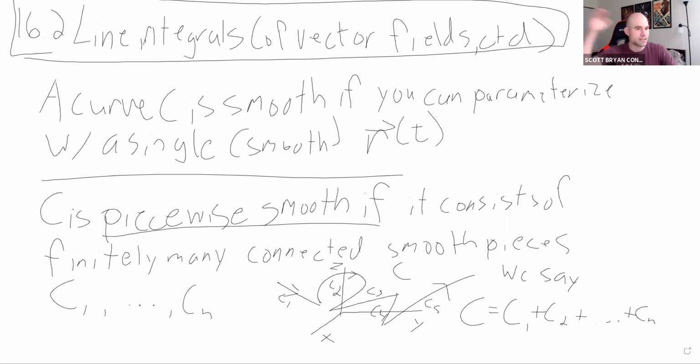So C is equal to the sum of these: C1, it's really the union of these, but that's fine, C1 plus C2 up to Cn. That's how we write C. Each of those is a smooth subcurve.